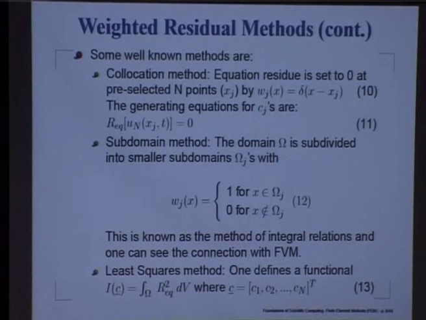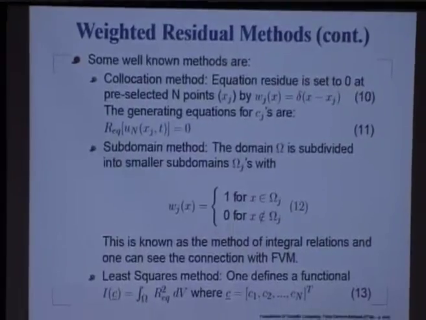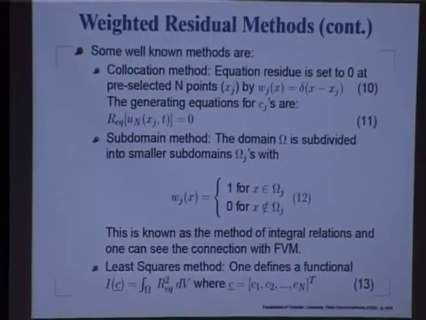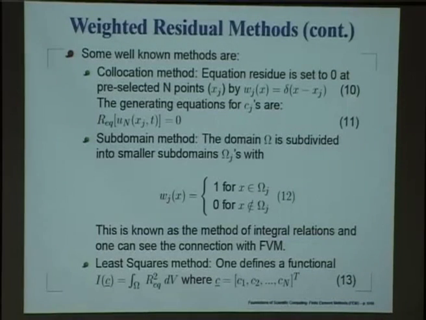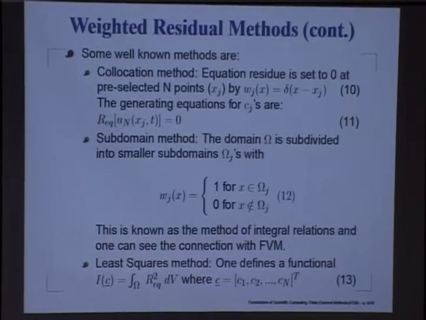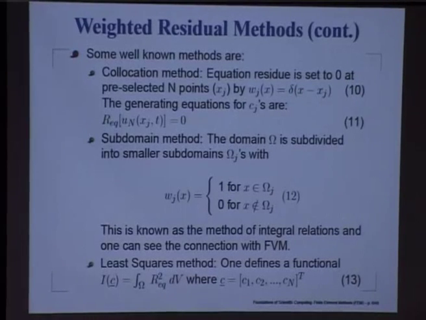However, we could also do something slightly different, which we did not have time to do. We could divide the domain into smaller subdomains, like what I indicated here. If I decide to set wj equal to 1 in that particular subdomain omega j, and everywhere else it is 0, that means I am integrating the residue in that subdomain instead of doing it over the whole domain.